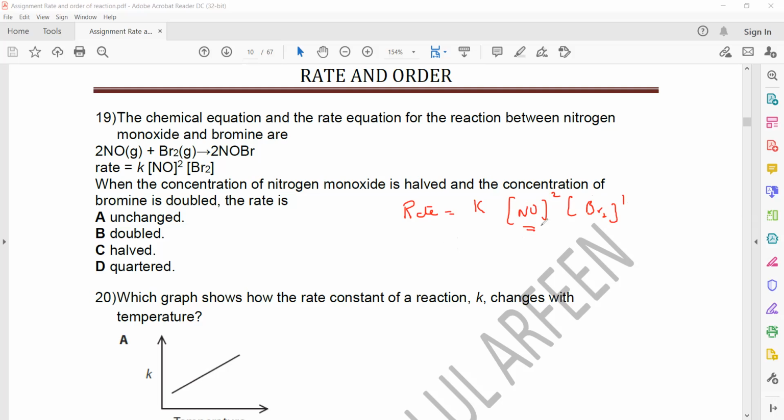But here the concentration is halved, so if this is divided by 2, then rate should be divided by 4, because it is second order with respect to nitrogen monoxide. If the original rate is x, that should be divided by 4. With respect to bromine it is first order, so if it is doubled, the rate will be doubled. So it makes sense: multiplied by 2. When we solve this, the final answer will be rate by 2, so the original rate will become half.